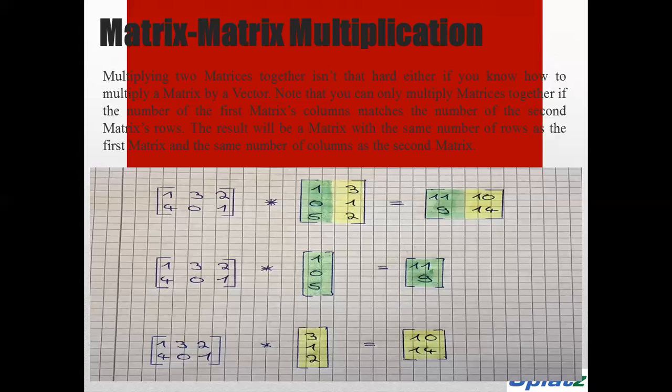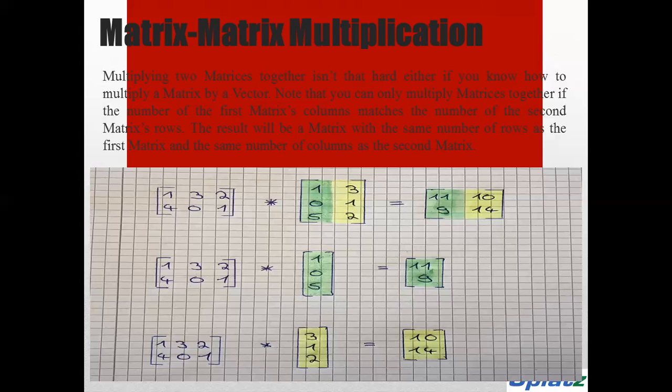All right, so you can see that I have split the second matrix into column vectors, then I have multiplied the first matrix with the first vector, that is 1 3 2 4 0 1 multiplied by 1 0 5. The answer you can see is 11 9.